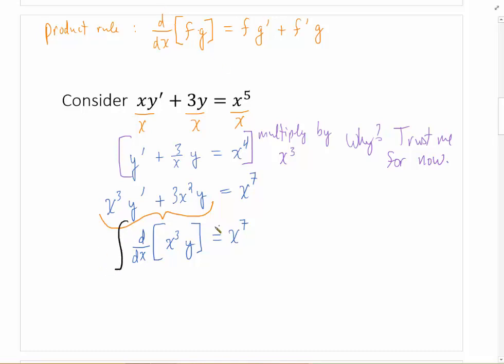Let's now find the antiderivative of each side. The antiderivative of a derivative sort of undo each other. So I have x cubed y is equal to, the antiderivative of x to the 7th is 1/8 x to the 8th. Let's remember that we'll have a constant from integration. And then to solve for y, we now divide by x cubed.